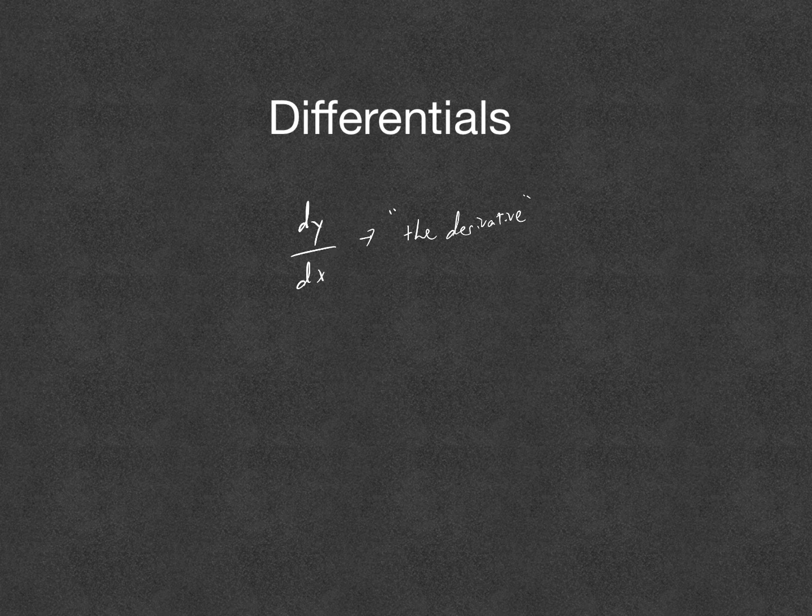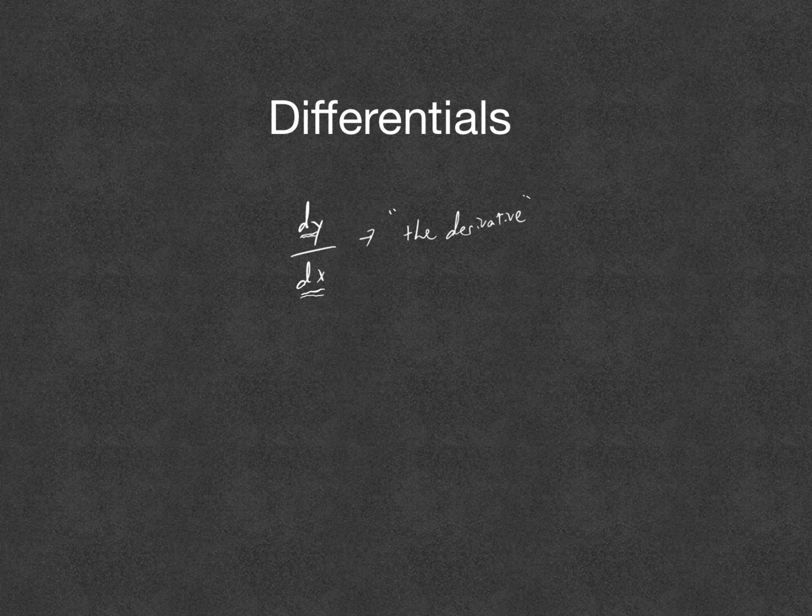Dy and dx, this is a small change in y given a small change in x. It's the slope at a point, right? That's how we've been using the derivative, right? It's the slope. The slope is a change in y over a change in x, a rise over a run, right? It's just, for derivatives, it's a really, really small rise and a really, really small run, because we started introducing this topic using like the limit as h approaches 0.